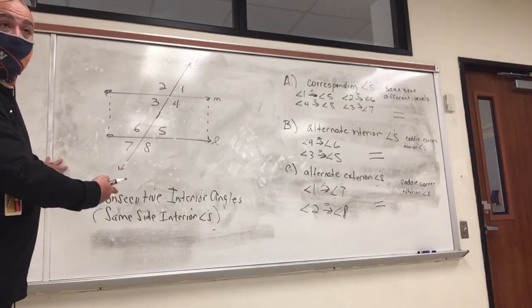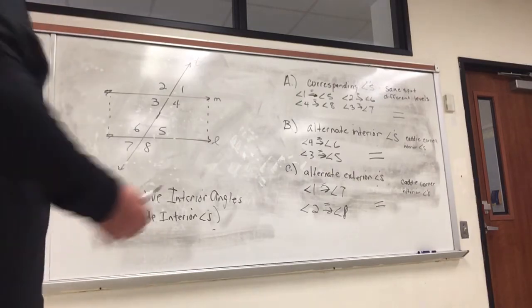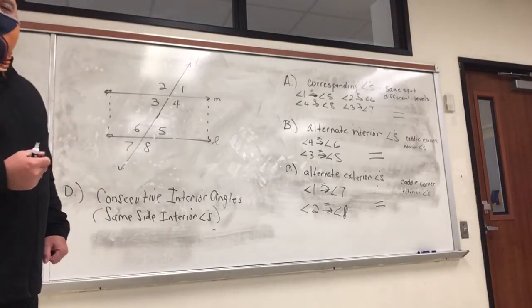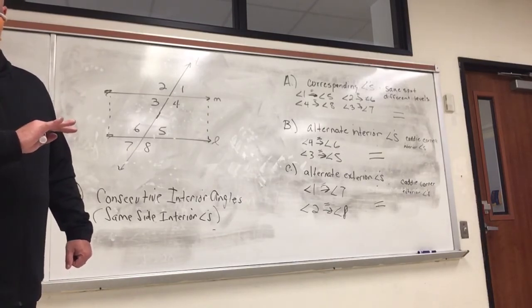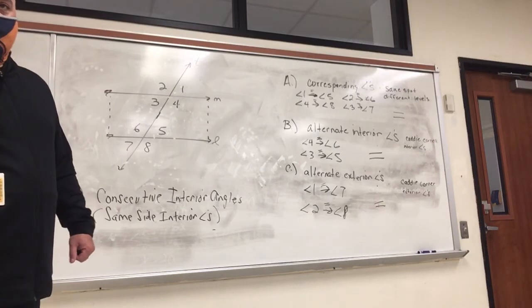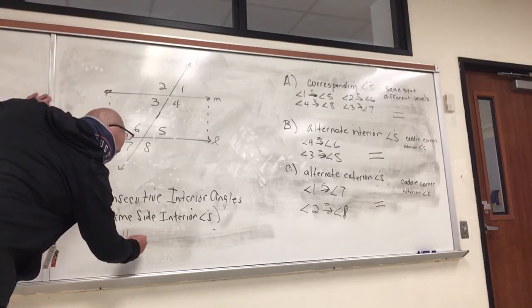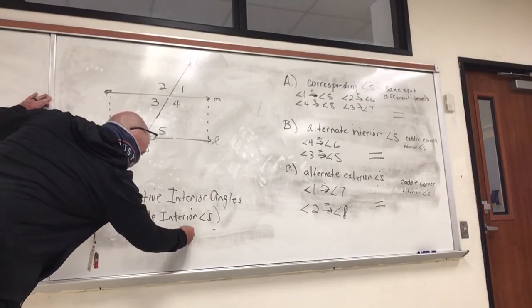And that's why I wrote that down, because that's another name for it that defines it. And what you need to know about consecutive interior angles is this. If I take angle 4 and add it to angle 5, I get 180 degrees. They are not equal to each other.